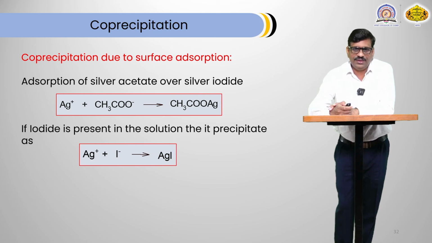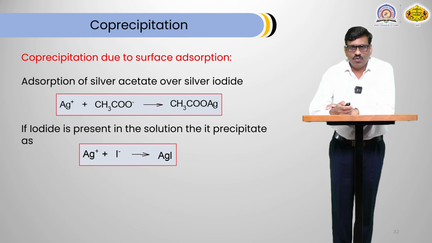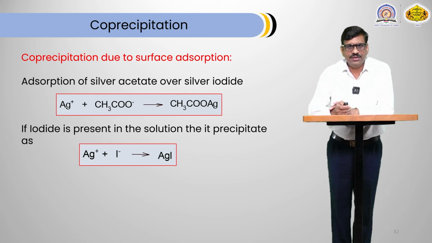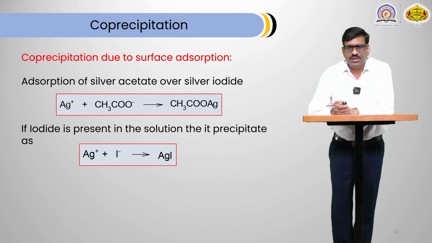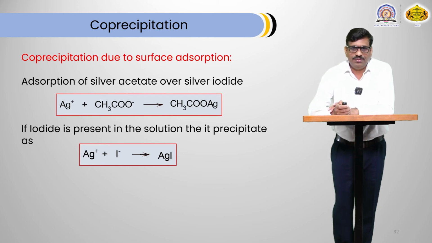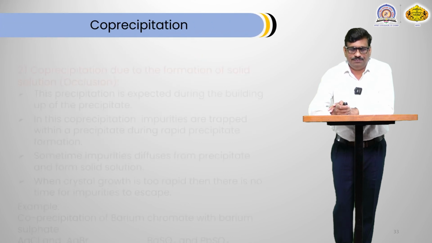Now that silver acetate precipitate can be contaminated by silver iodide precipitate. This is called co-precipitation. I repeat again, in co-precipitation, the impurities which are soluble in mother liquor can be precipitated along with main precipitate. That is called co-precipitation.